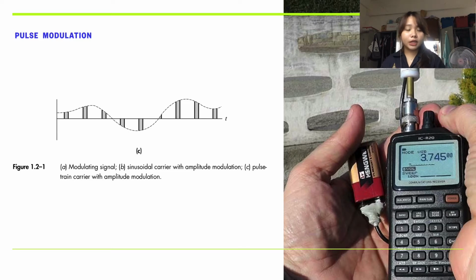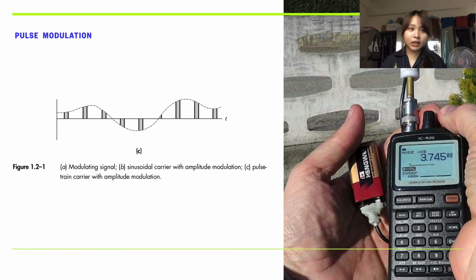wave. Figure 1.2-1c shows a waveform with pulse amplitude modulation, PAM. Notice that this PAM wave consists of short samples extracted from the analog signal at the top of the figure.